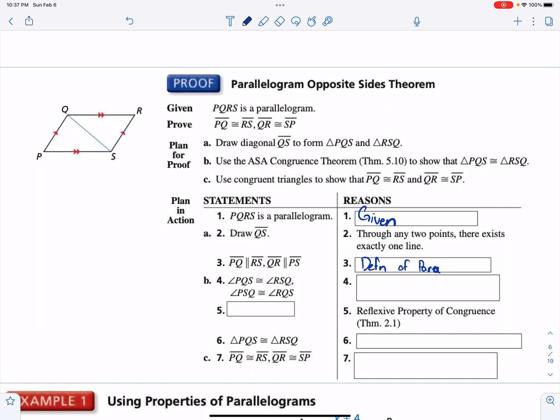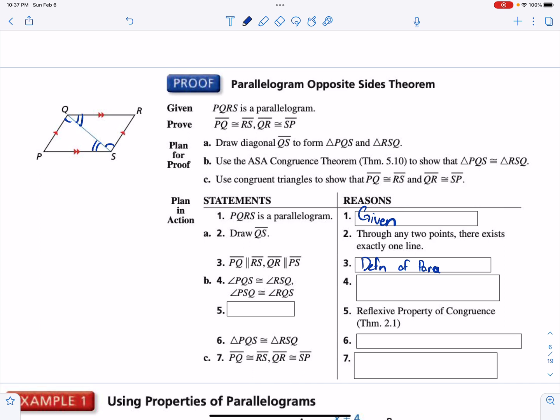Now, PQS and RSQ, those are congruent. And then also PSQ, this angle, and then RQS, this angle here, are also congruent.